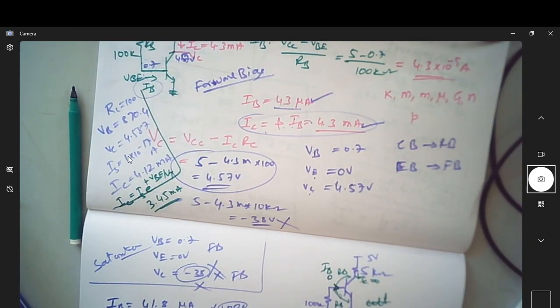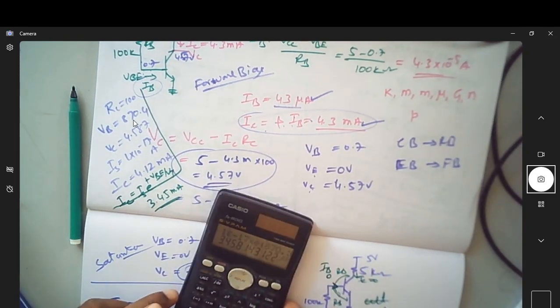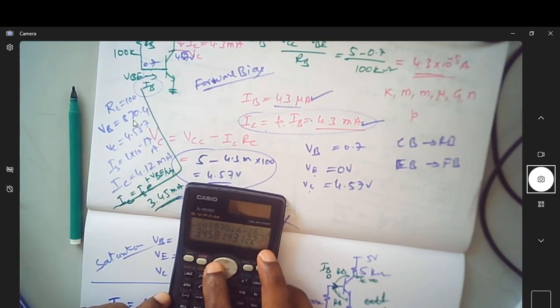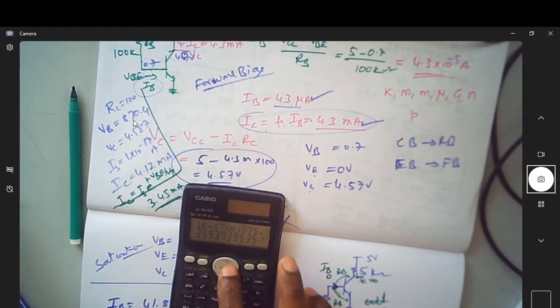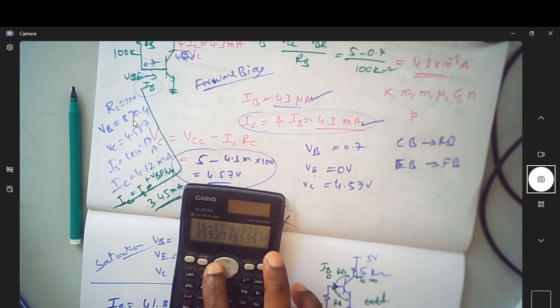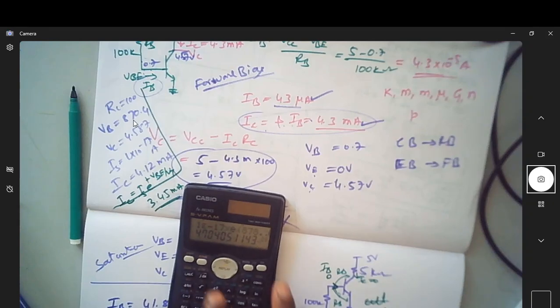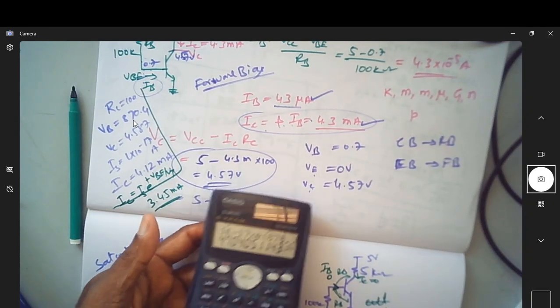Since I have put it as 870.4, let me do 871 because it is so sensitive. Suppose I make it 871, can you see this? This will become a change of 1 or 2 milliamperes. Suppose I make it 8, can you see this comes out to be such a huge current.